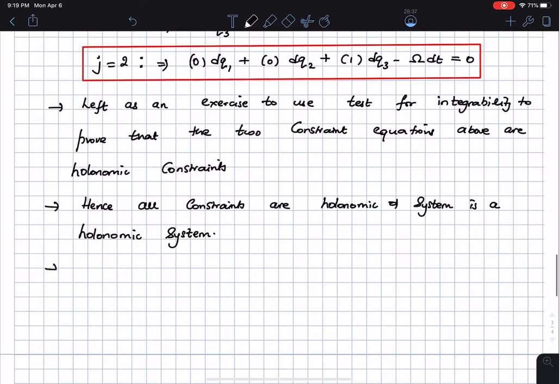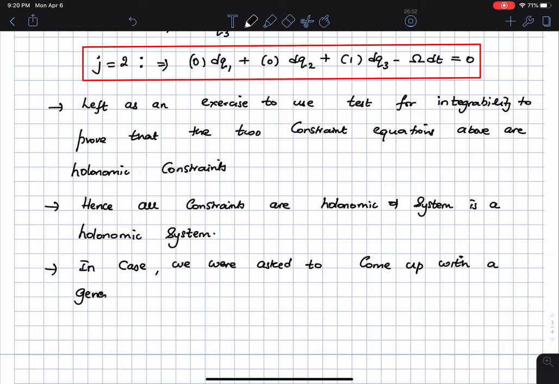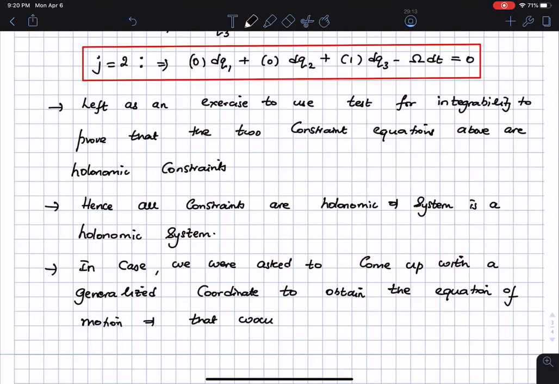In case we were asked to come up with a generalized coordinate to obtain the equation of motion, that would be r of t. But we are not going to be doing that.